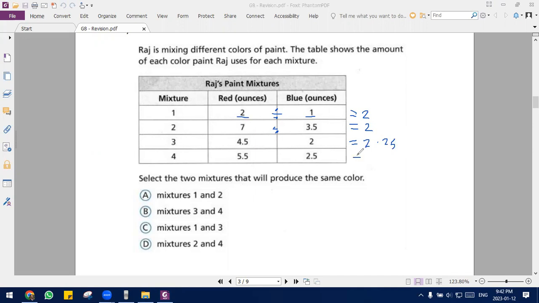And for the last one, 5.5 divided by 2.5 will give me 2.2. And now we check after we find the ratio or the rate between them, between red and blue.